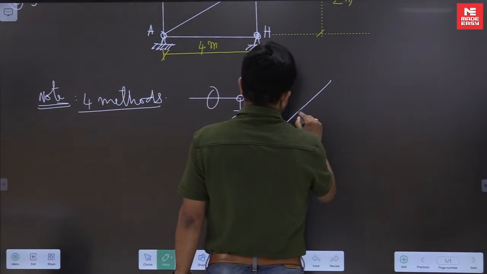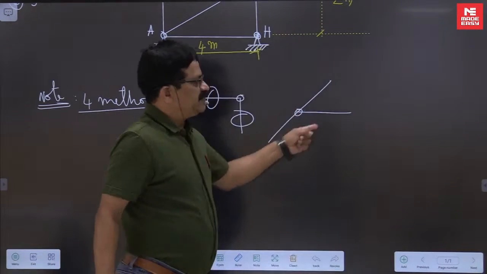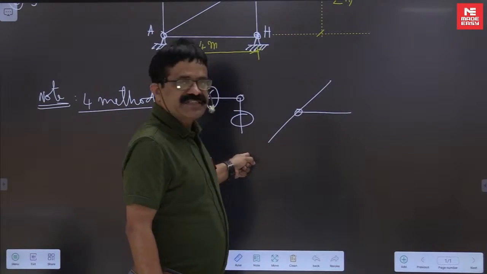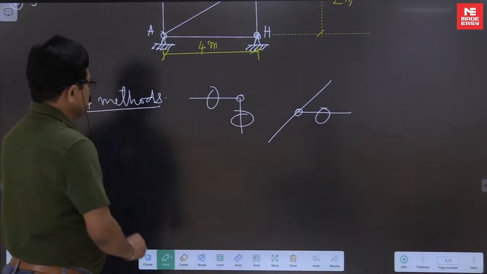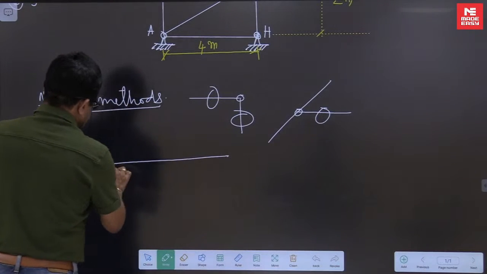Another one is at a joint, if three members are meeting, two members are collinear, force in the third member is zero. Next, third one is about the panel shear.